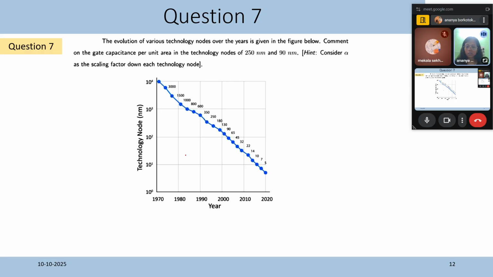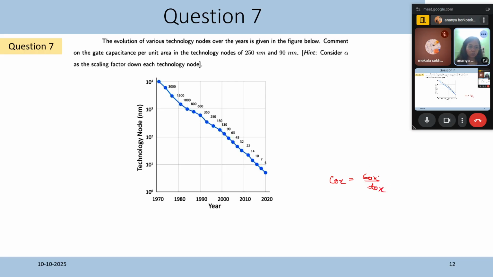Okay, so this graph is given. This is the evolution of various technology nodes over the years, and we have to find out how the gate capacitance per unit area changes with technology nodes. Gate capacitance per unit area, COX, is epsilon OX by TOX.